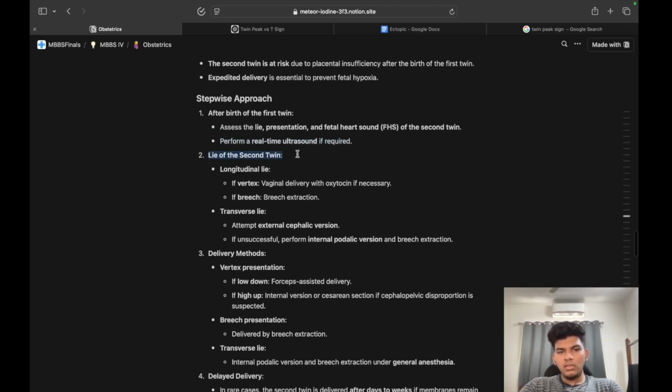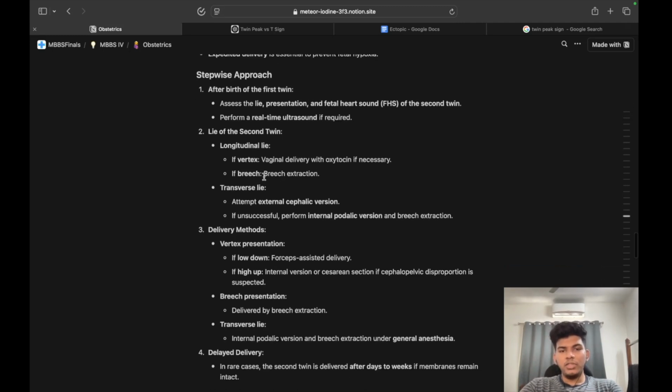Next, when you get the lie assessed, if it is a longitudinal lie, there could be two cases: vertex or breech. If it is a vertex case, vaginal delivery with oxytocin if necessary. So normal lie, normal vertex, normal vaginal delivery.